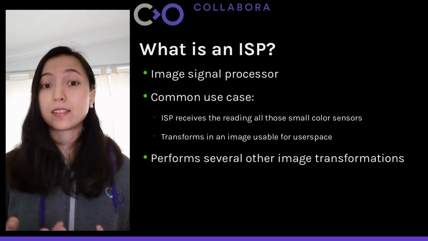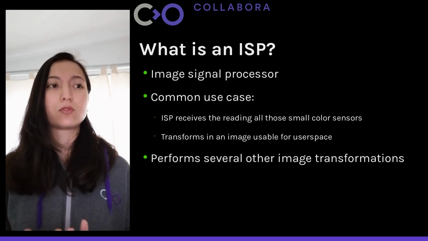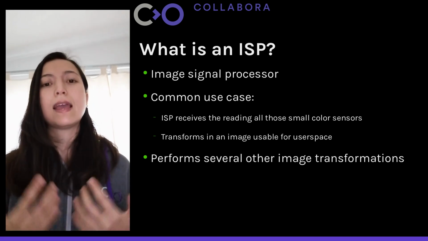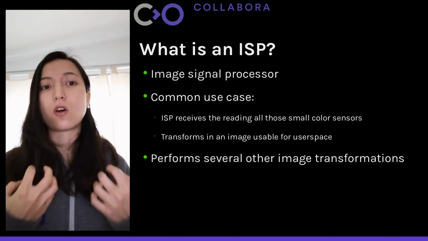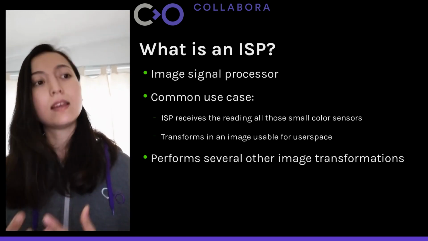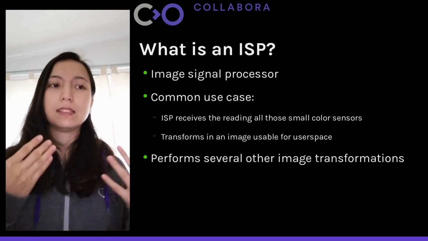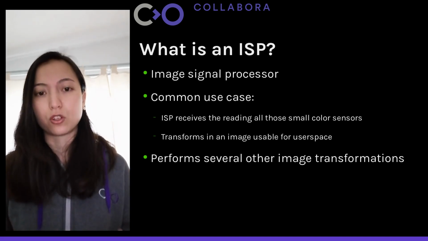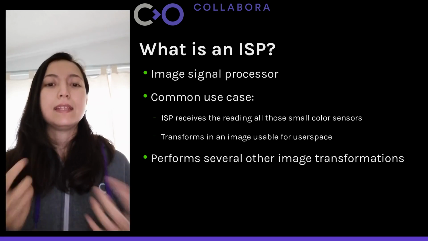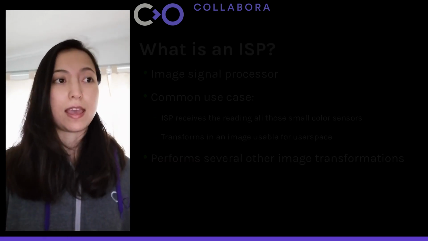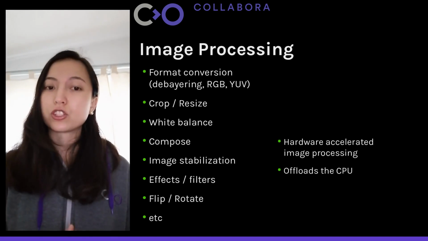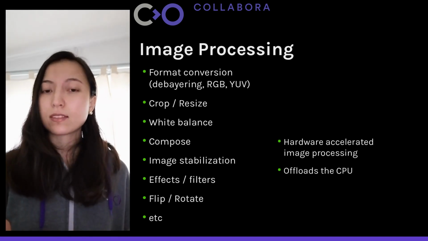So what is an ISP? ISP stands for Image Signal Processor, and the common use case is that the ISP receives the readings of all those small color sensors and transforms them into an image that is usable for user space. It can also perform several other image transformations, such as format conversion and debayering, for instance.